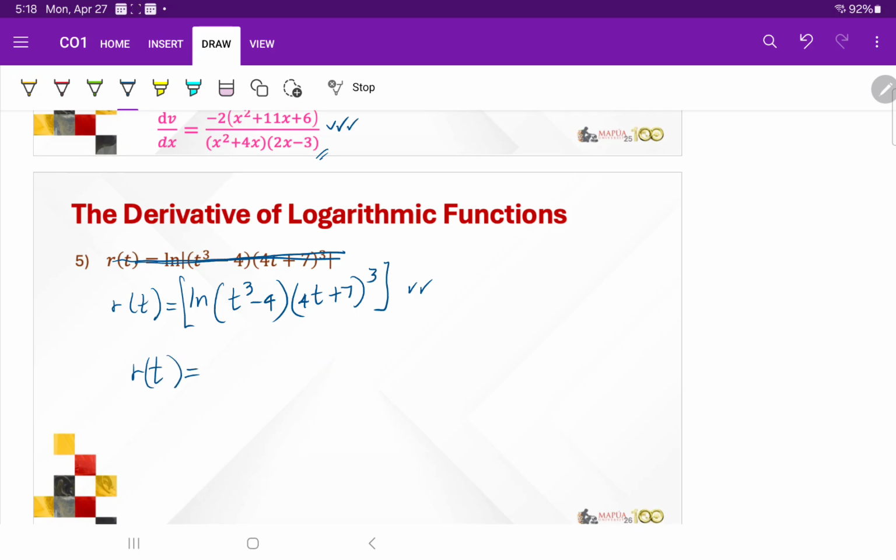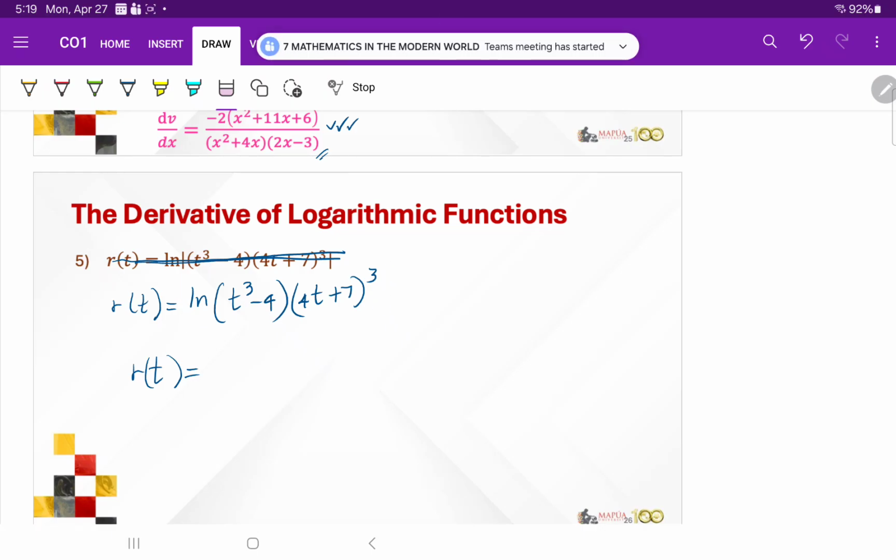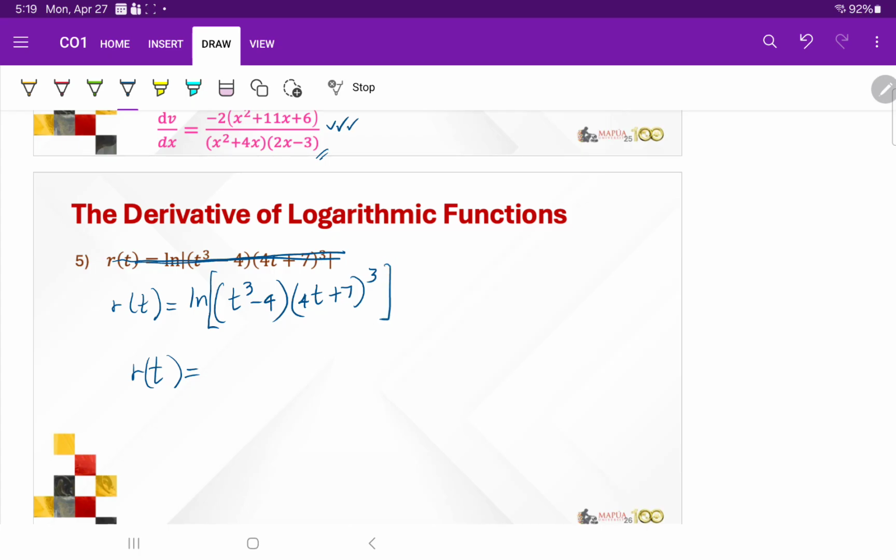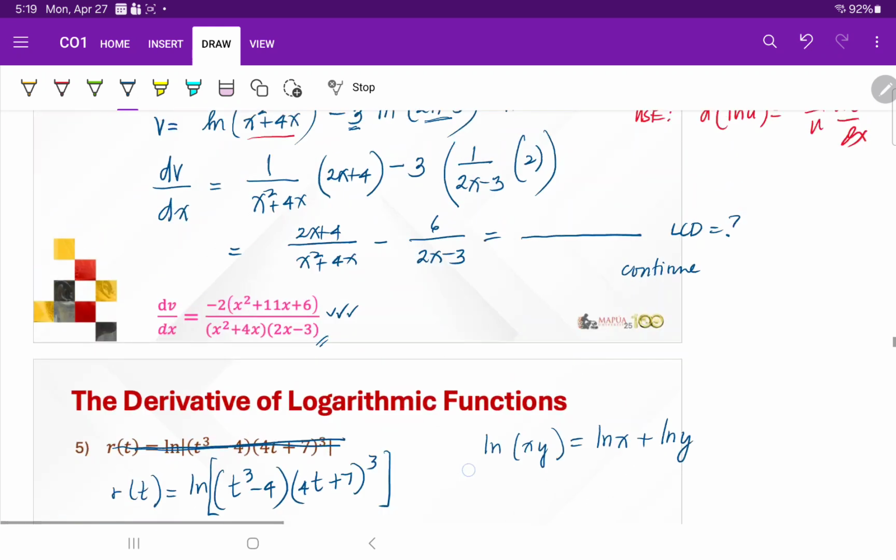By the laws of logarithm, mali yung ano ko. Hold on a second ha. Mali ito. Dapat, nandito siya. ln of the 2. So, here, you have the ln of the product. Diba? From our laws of logarithm, if you have ln of x times y, it's ln of x plus ln of y. That's what we did here.